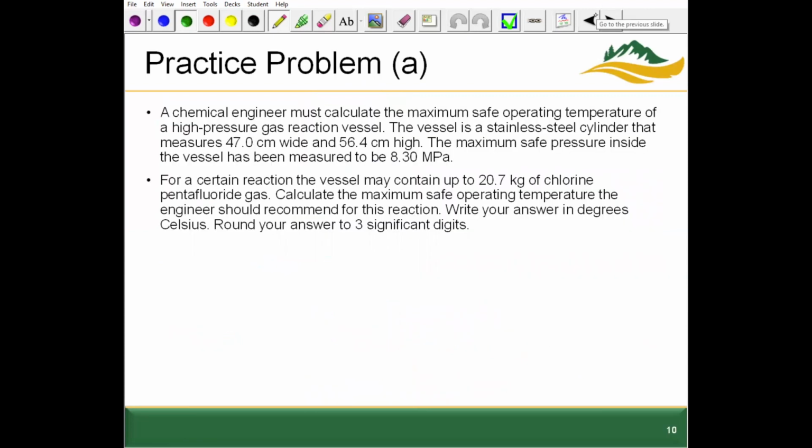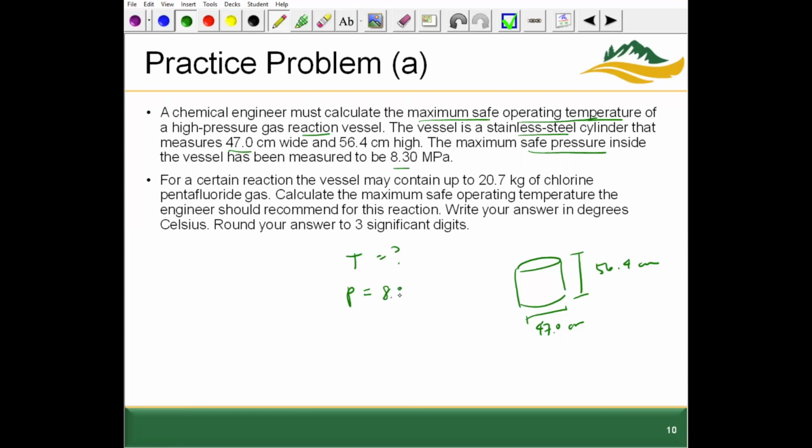Let's start practicing using that equation and see how things go. So a chemical engineer must calculate the maximum safe operating temperature of a high pressure gas reaction vessel. The vessel is a stainless steel cylinder that measures 47 centimeters wide and 56.4 centimeters in height. The maximum safe pressure inside the vessel, so here's a pressure term, has been measured to be 8.30 MPa.